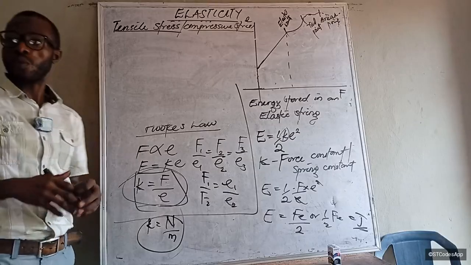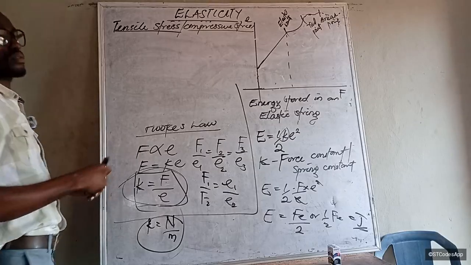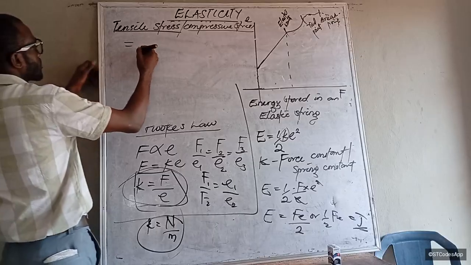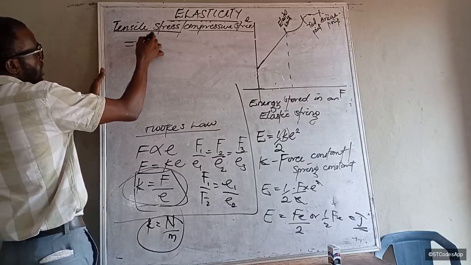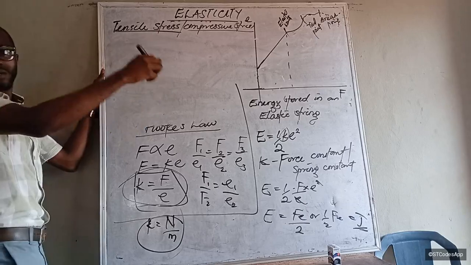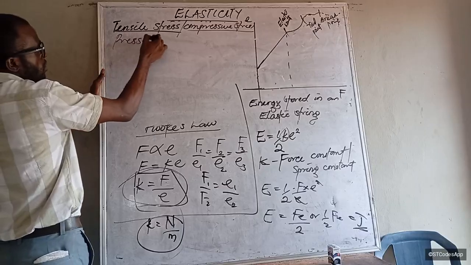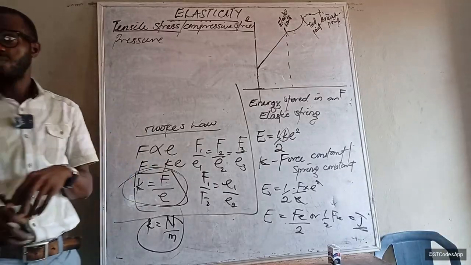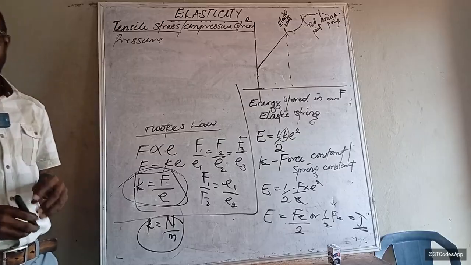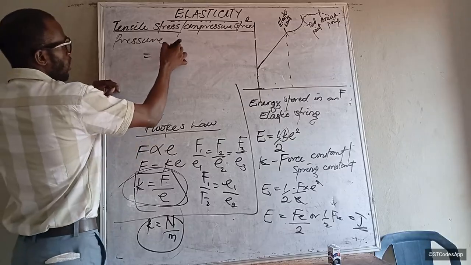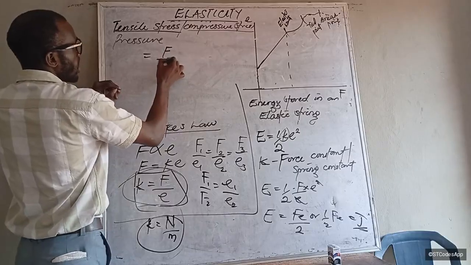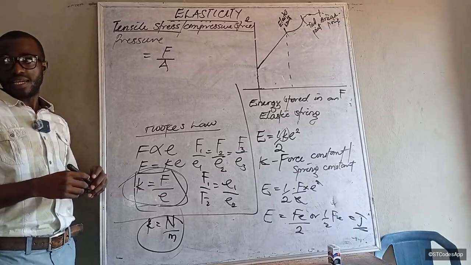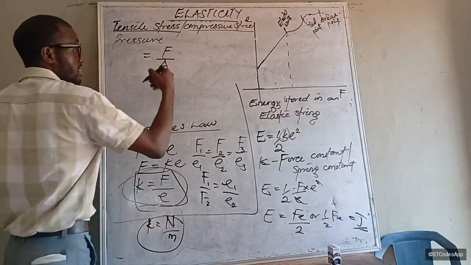The tensile stress is the pressure on an elastic material. It is given by the formula for pressure: force over area. Is it clear? Alright, so this is tensile stress.